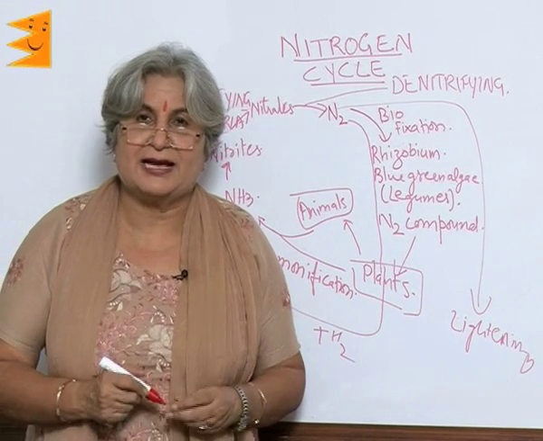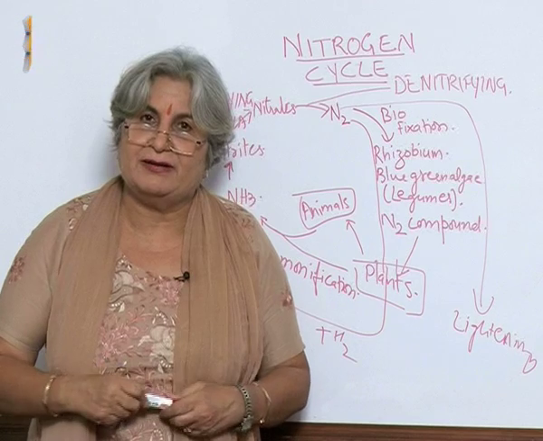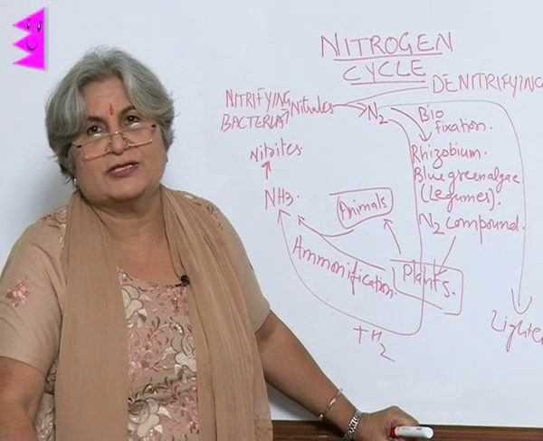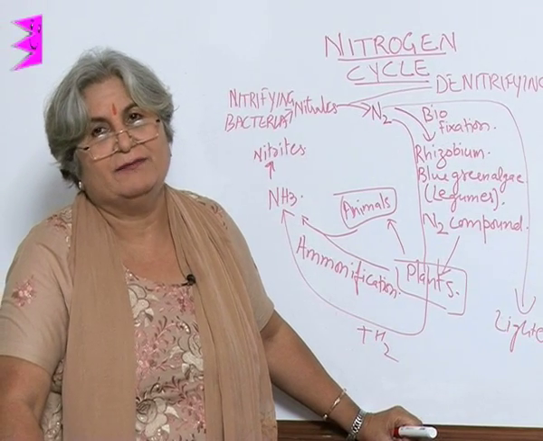In the nitrogen cycle, the simplest way to remember it is that there are 4 processes. First is biological fixation, then there is ammonification, then there is nitrification, and finally denitrification. And all these processes are regulated by bacteria.